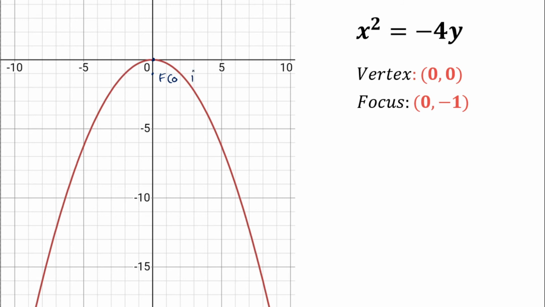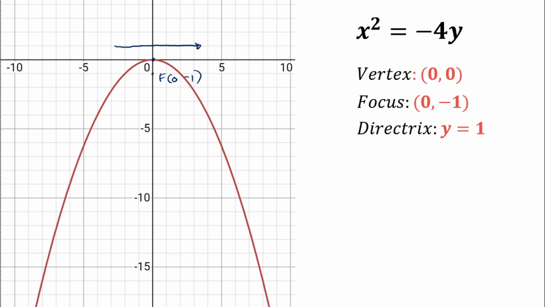Okay. Tapos, yung directrix naman, so galing ng vertex, ang vertex is the midway between the focus and directrix. So, nasa taas yung directrix. So, from the vertex, let's count 1 up. So, meaning to say, this is the directrix. Yung line na yan.